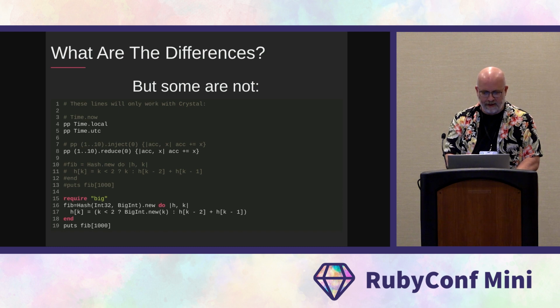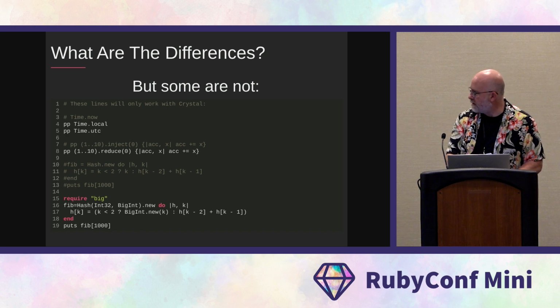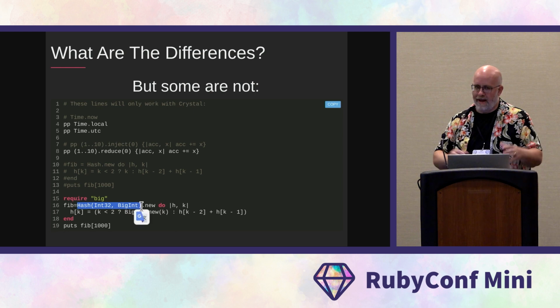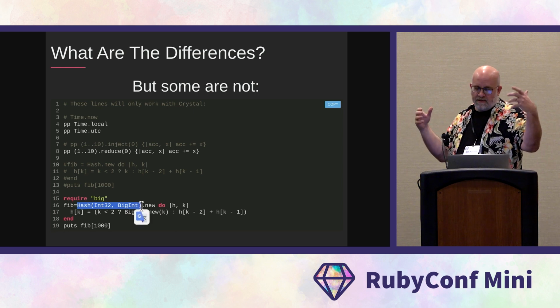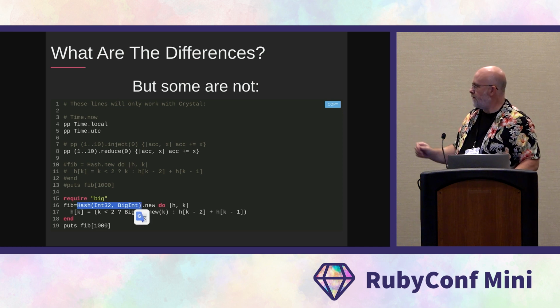So if you look, in Crystal you have to tell it, for a hash or an array, the types. This part here, we're saying we've got a hash and the key is 32-bit integers and the values are big ints.